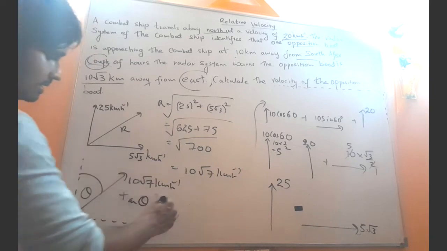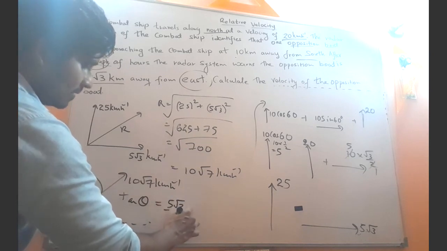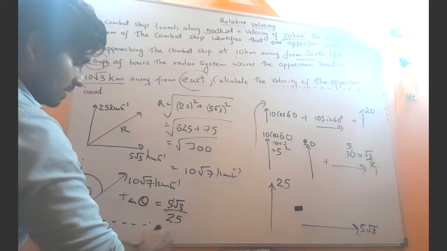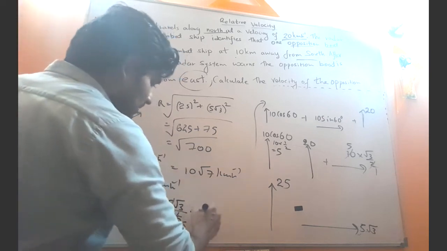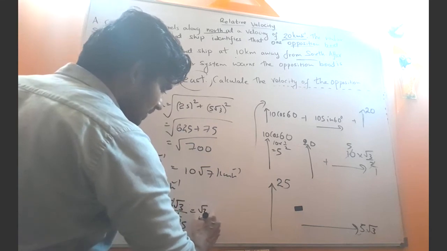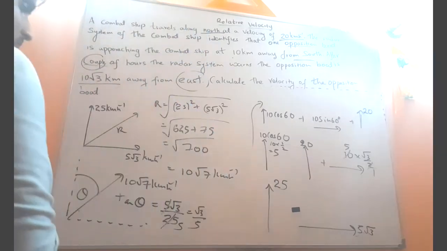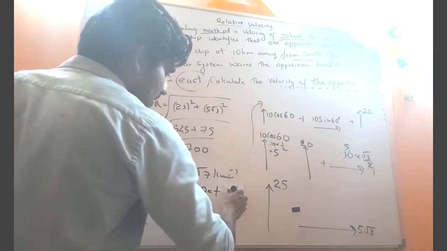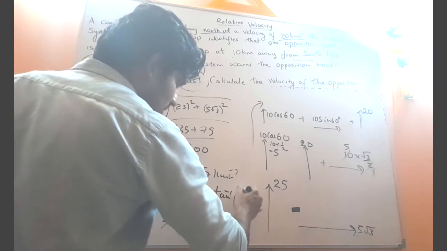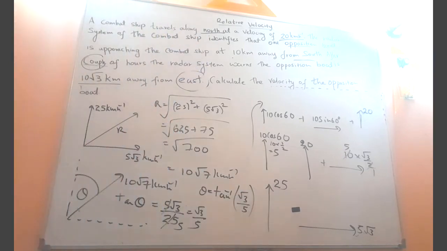Tan theta equals 5 root 3 divided by 25, that is 5 into 5. Then tan theta equals root 3 divided by 5. So then what is theta? Theta equals tan inverse of root 3 divided by 5. So now we know the final answer.